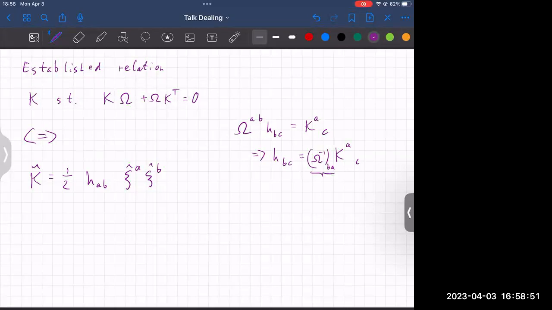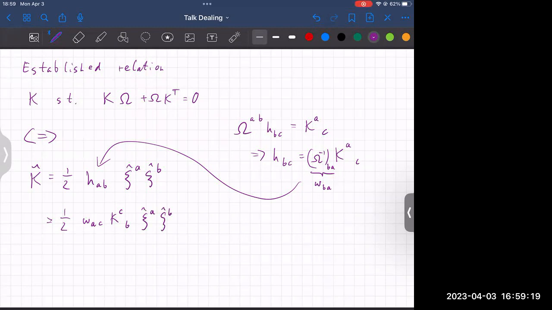And I often refer to this object as little omega BA. And so with that, plugging this expression in here, we can find that this is 1/2 little omega AC KCB, where C is contracted, so it has open indices A and B, and that's contracted with our psi's.